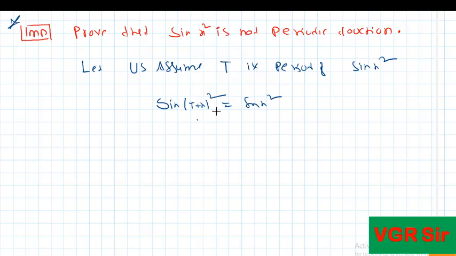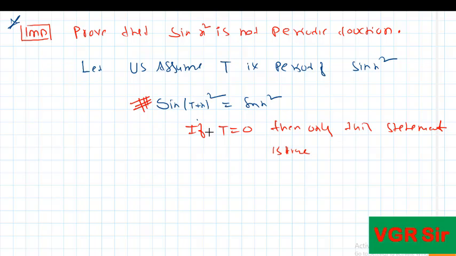For what values of t does this happen? Observe, all of you. What t makes this an equality? Only one t, that is 0. If t equals 0, then only this statement is true.